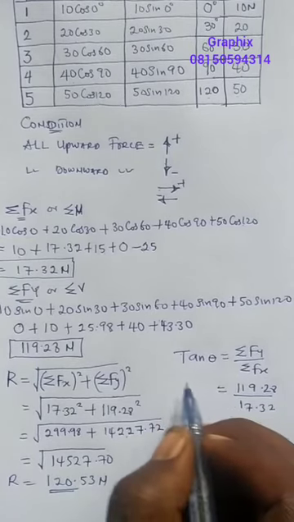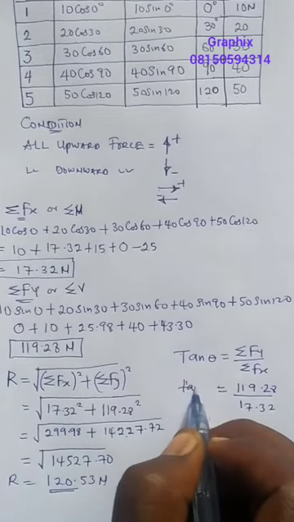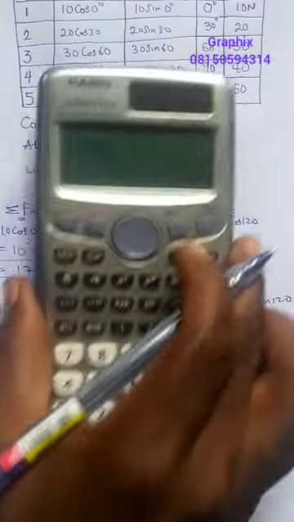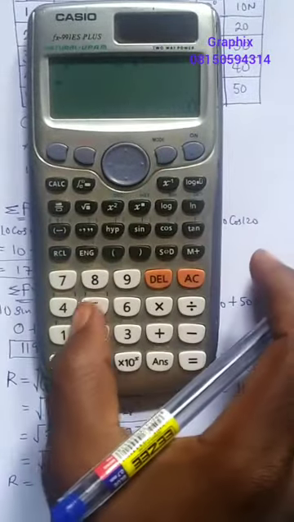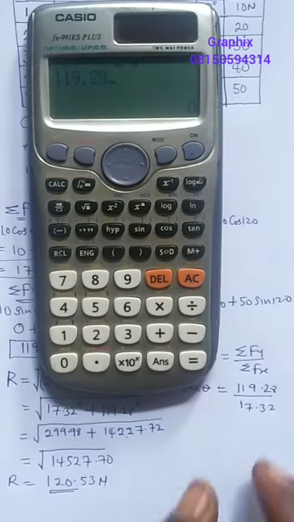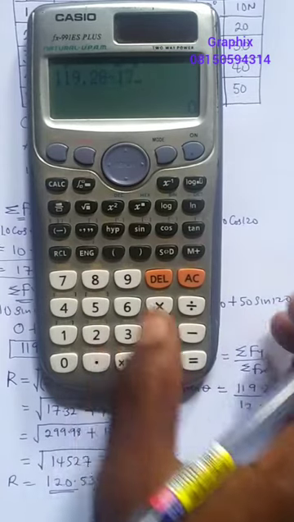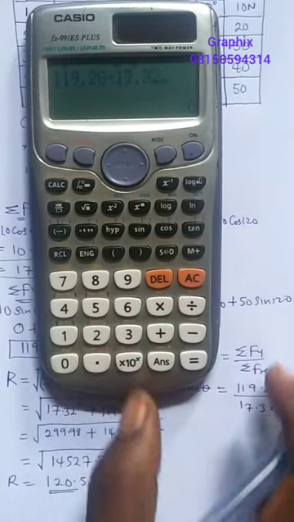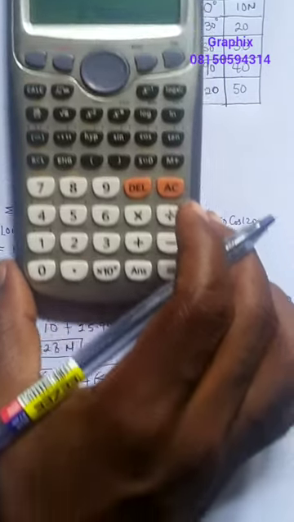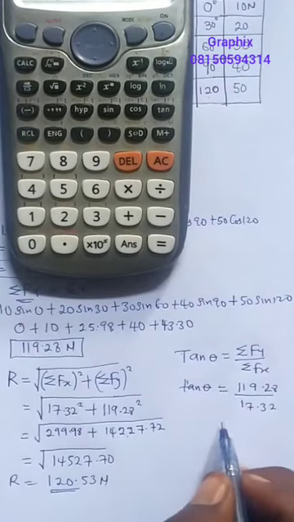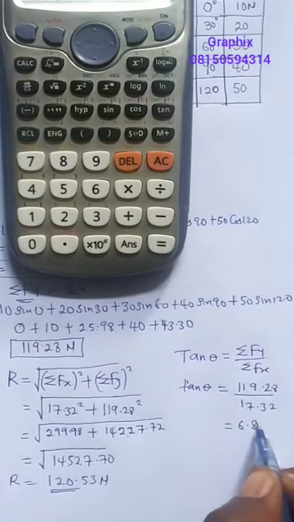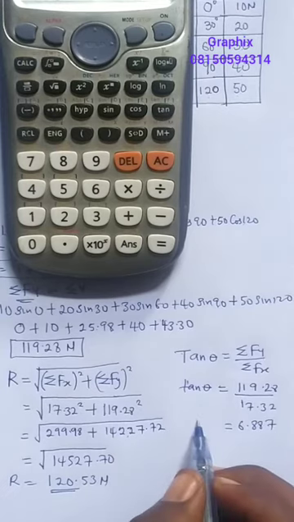So that is my tan theta. 119.28 divided by 17.32 is 6.887. So that's my tan theta.